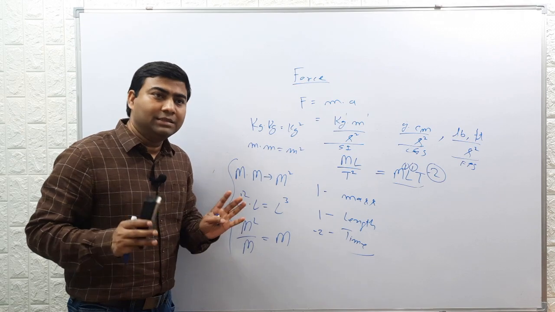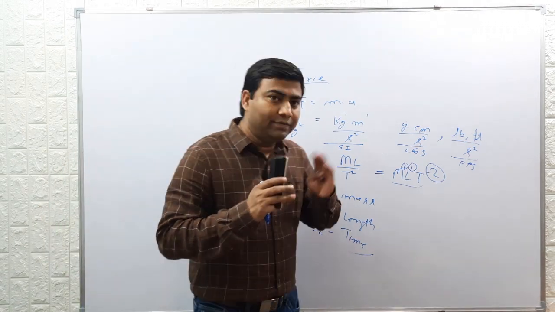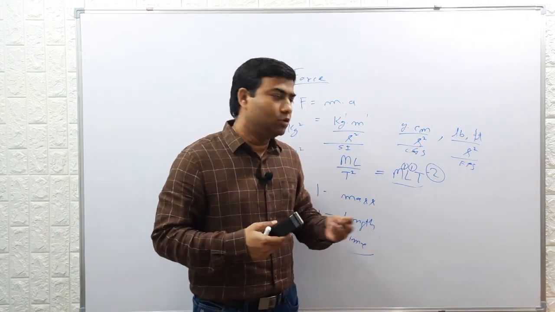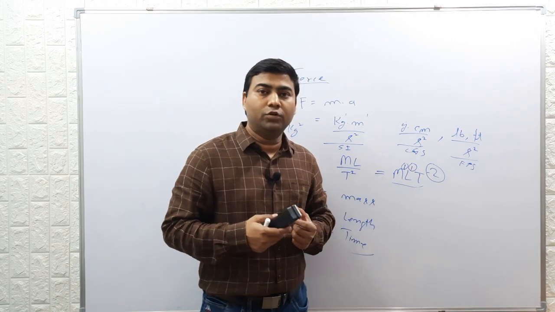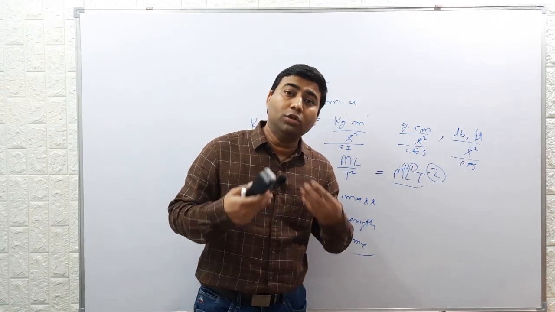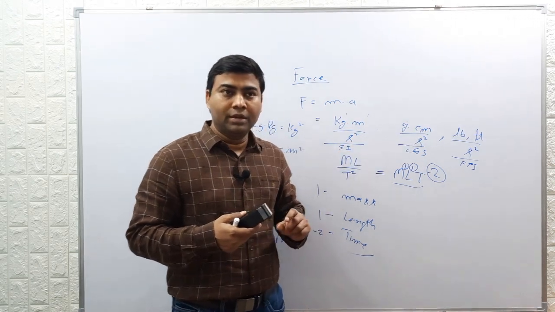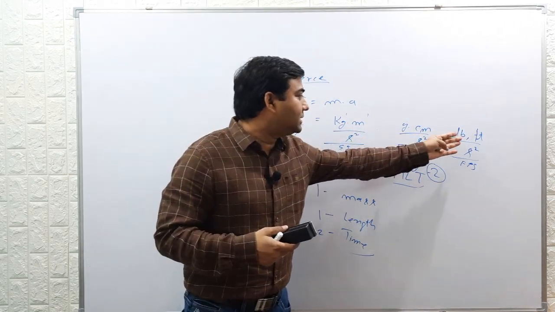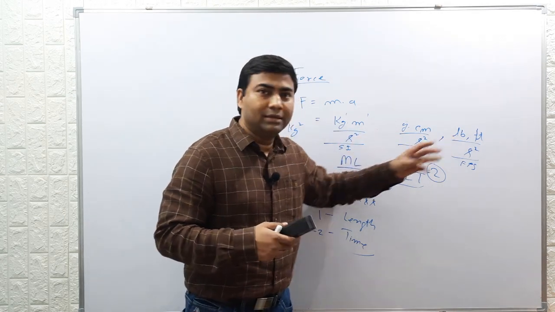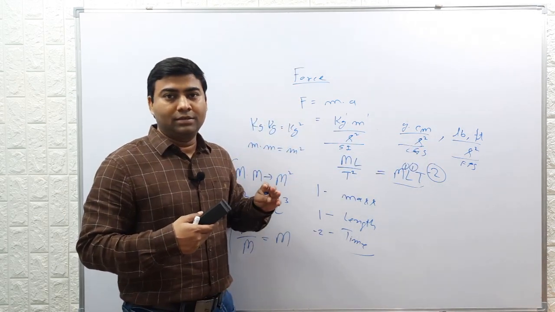Otherwise, whatever derivations and whatever problems you can solve with the dimensional formula, you can solve all those problems with the help of units itself. But they are not universally represented in a uniform way.